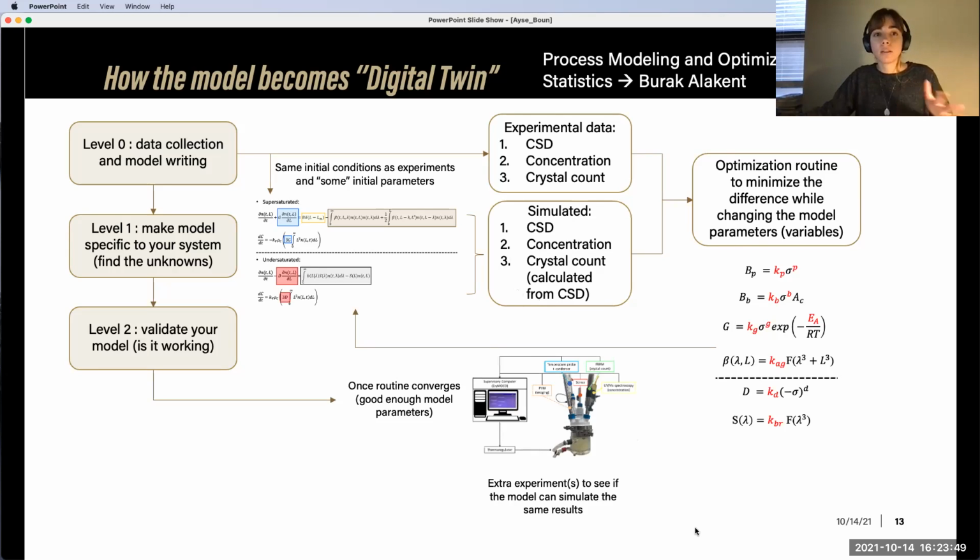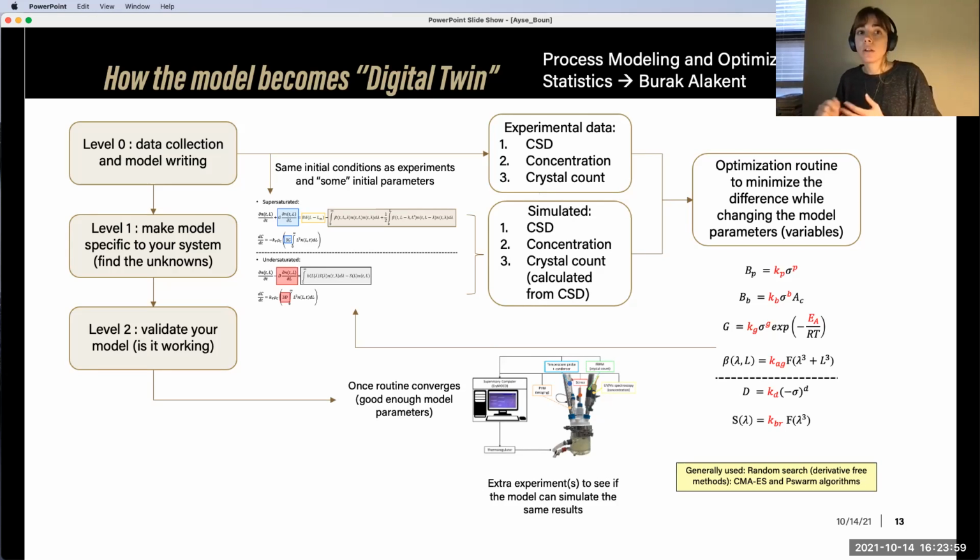I say, okay, this model is a good representation of this system. And this optimization routine by itself is a whole other research. It took a lot of time for me, from deciding on which routine to use to how to set it up and everything. And I generally use random search methods for the optimization part. If you're interested, we can talk about it later.